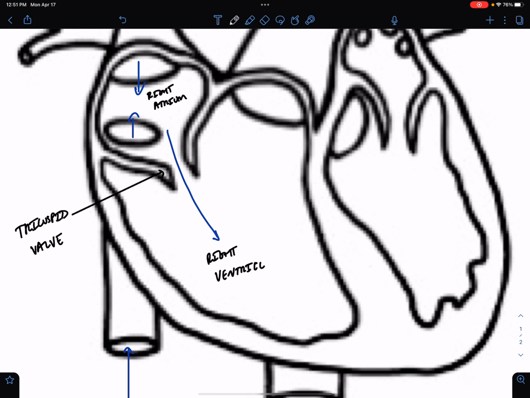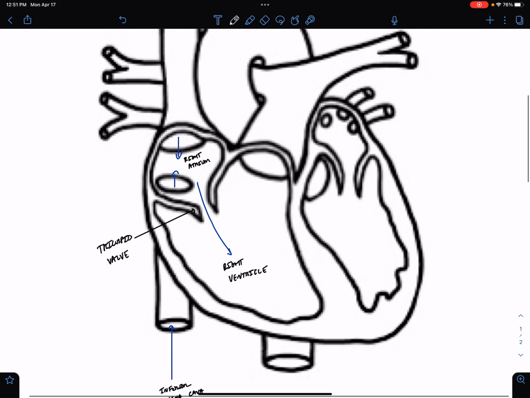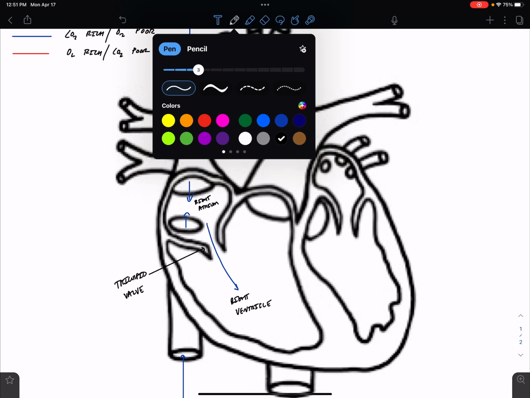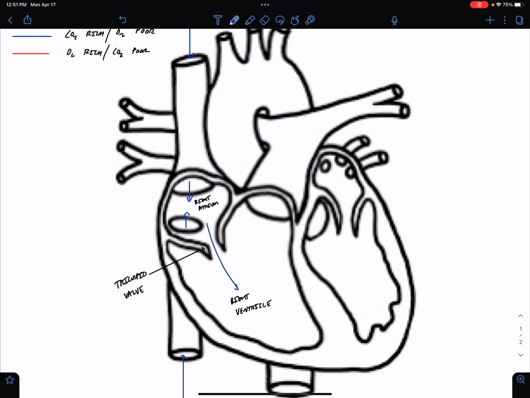This is a C, C-L-E. Okay, so the right atrium fills up the right ventricle, and it's all going to slowly fill up. Ooh, that's not what I wanted. I wanted my highlighter here.